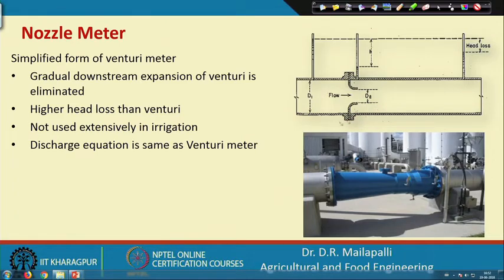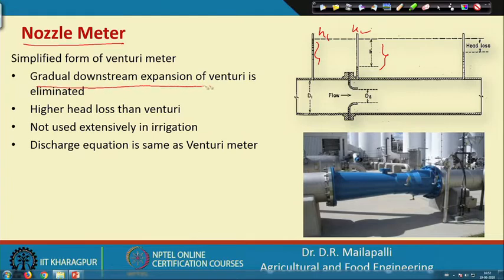This is a single piece of pipe which has d 1 and d 2, but at the center there is a nozzle which has a diameter d 2. The pressure difference between H 1 and H 2 is the pressure difference H.